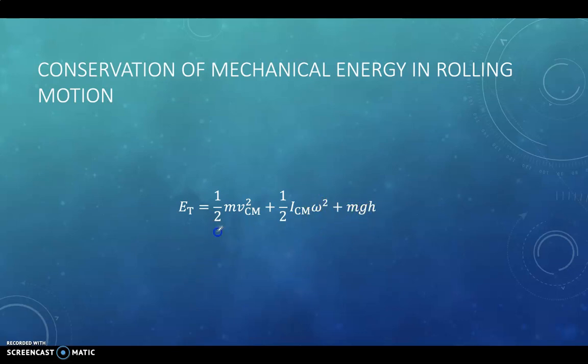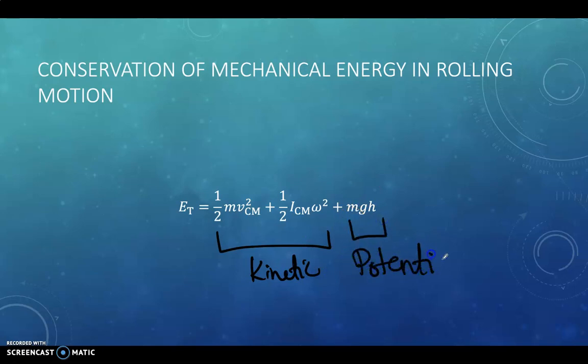These first two are your kinetic energy, and this last one is your potential. Really all that's going to change is we have this other term for your kinetic energy, and this takes care of your rotational motion.